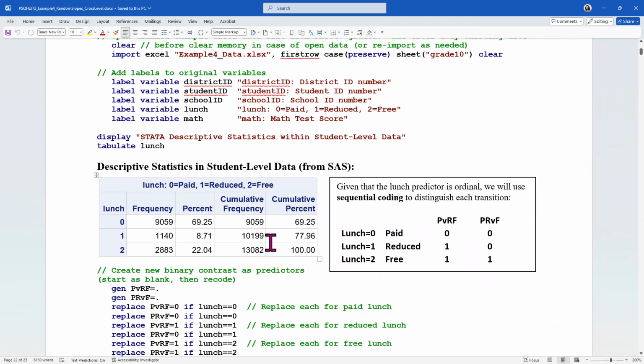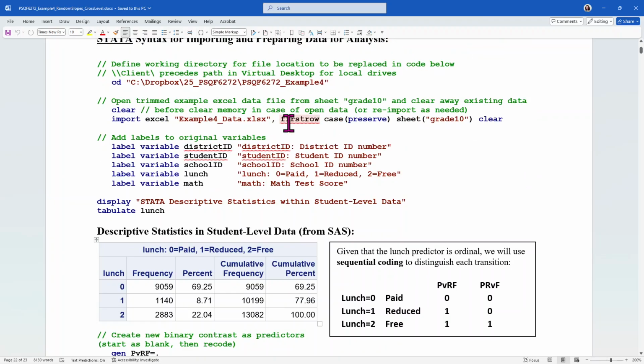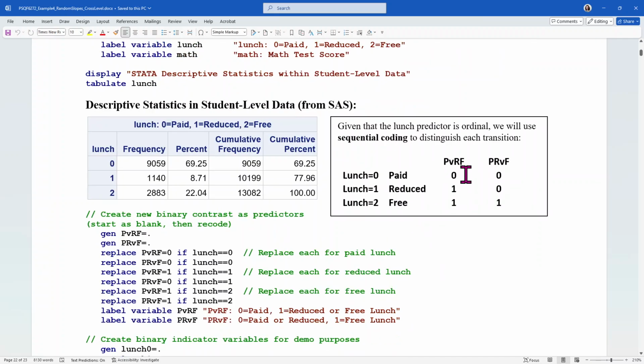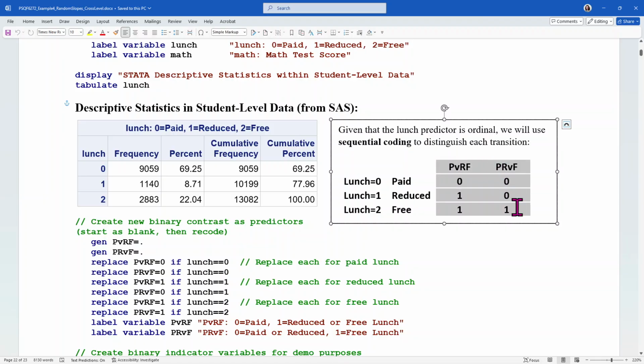Data processing steps, in addition to creating coding for your predictors. So this is the coding scheme that I'm going to be using, illustrated in this box here. It's called sequential coding. There's probably other names for it too, but essentially the benefit of this coding scheme is that I can first differentiate the difference between students who pay for their lunch, that's what P stands for, versus get some kind of discount.